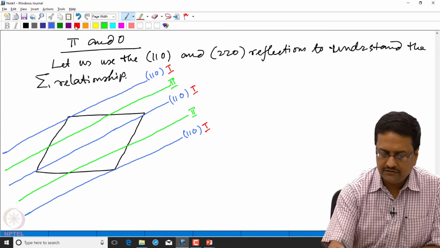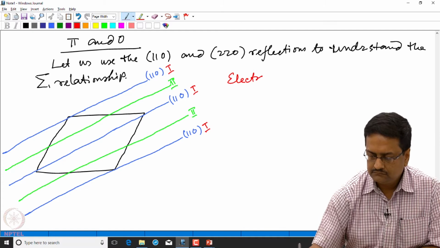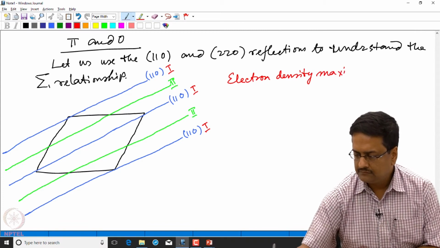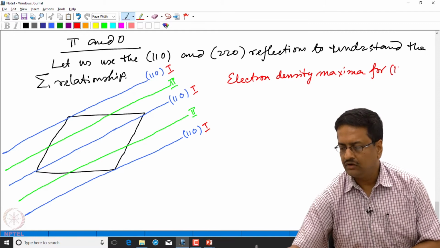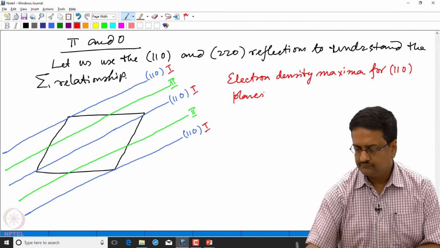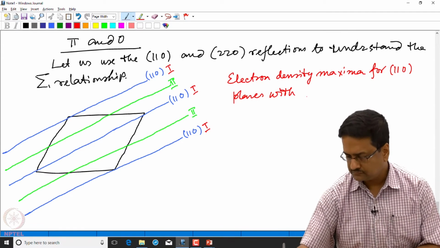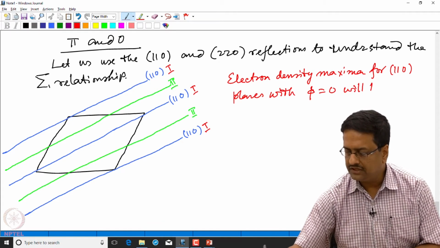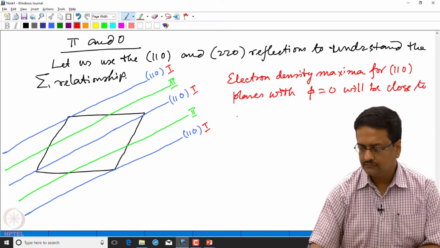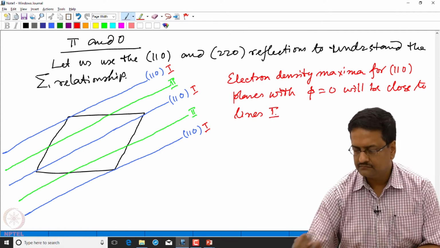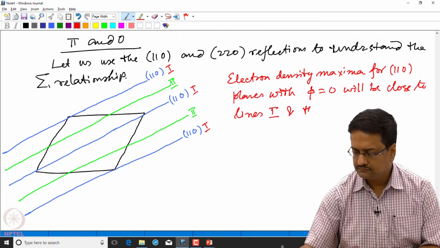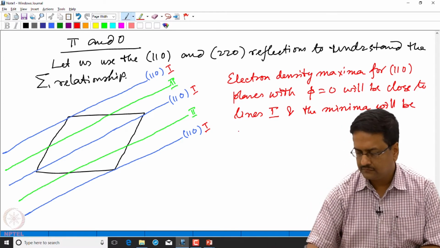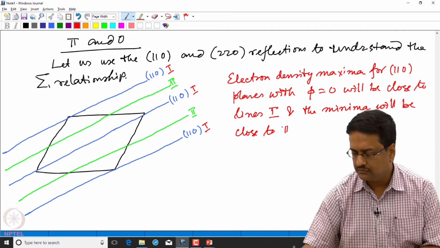So the electron density maxima for 110 planes, with the phase phi equal to 0, will be close to lines 1 and the minima will be close to 2.